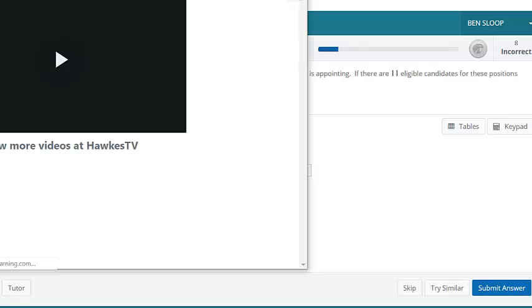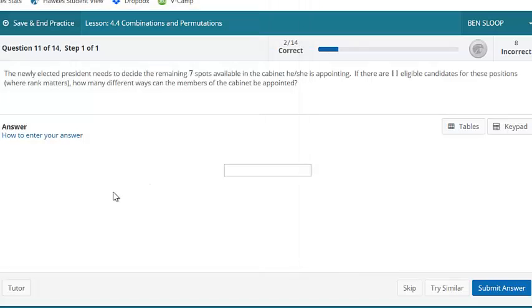But the way you have to think about this one is, if I am the vice president and you are the secretary, that is a different arrangement than you being the vice president and me being the secretary. So I believe this one would be a permutation, although it's a little trickier because you don't necessarily think about order when you think about cabinet members, but maybe you could say the first person is the vice president, the second person is the secretary, and so forth.